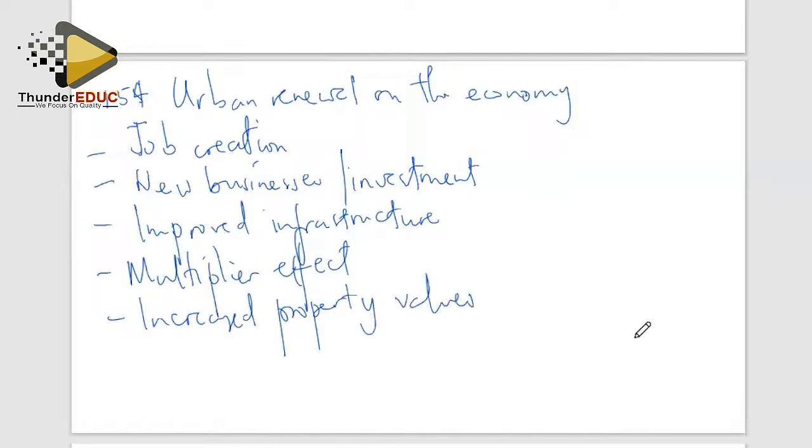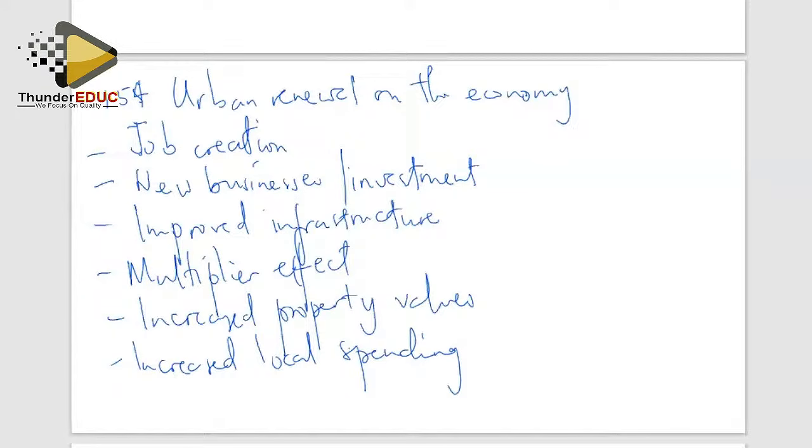So you look at some of those activities, or we can talk of increased local spending in the area. If people are now gainfully employed in the area, they are now able to spend more. If property owners are now getting high value for their properties, they're also going to spend more, and that is going to cause a multiplier effect. It's going to cause more production to happen and more activity to happen in the long term.